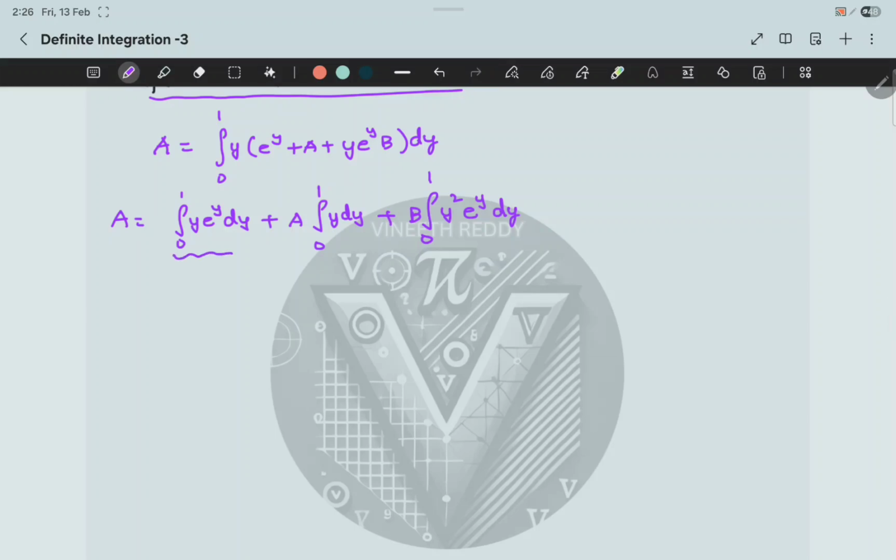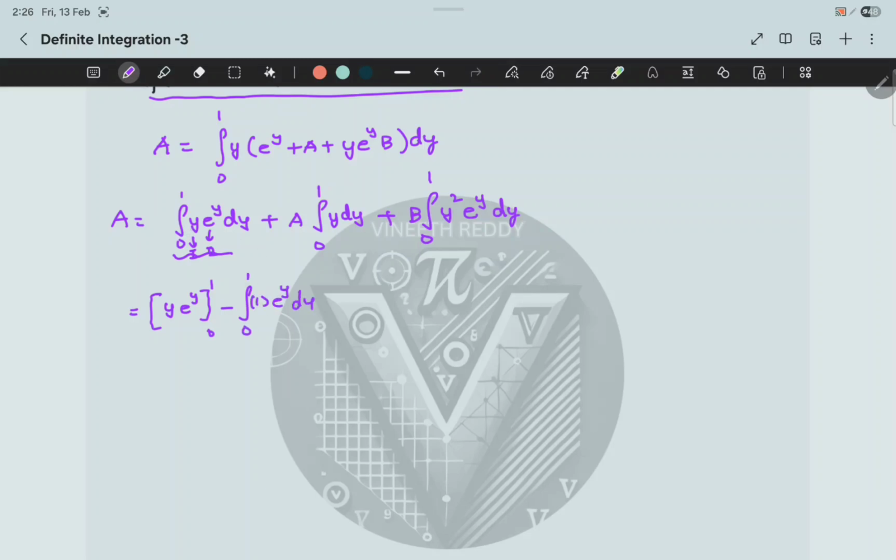So we get this value, right? So what will this be? If I integrate it by parts, this should be the first function and this should be the second function. Directly we will get y into integral of e power y, that is y into e power y, limits from 0 to 1, minus integral of derivative of y, which is 1, into integral of e power y, which is e power y.